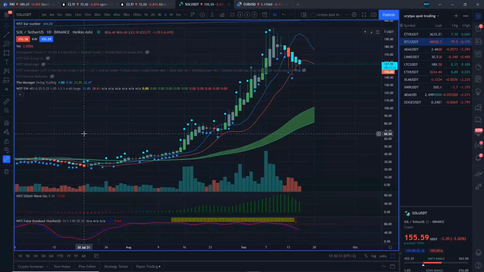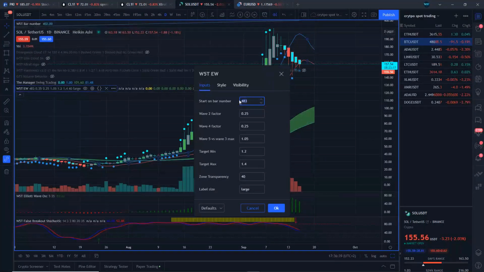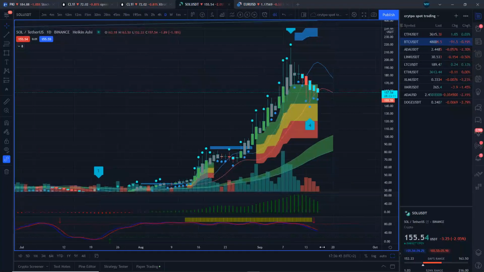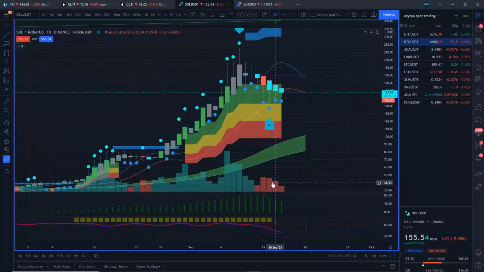One of the things we look at, let me just put this wave count on here, that one was 344. One of the things we're looking at right now is, you can see I've got the volume on here, but also we've got the volume behavior candles, part of the manager indicator suite that we've got. This pullback is lower than average volume.